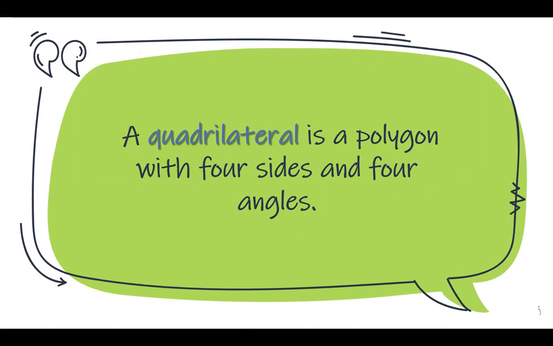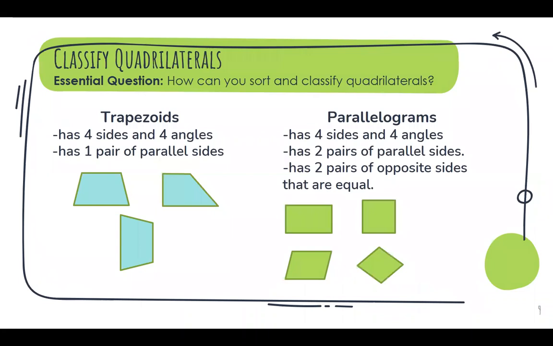Let me show you first, as part of our review, what trapezoids and parallelograms are. All 4-sided figures that only have one pair of parallel sides are what we call trapezoids. Parallelograms, on the other hand, have 2 pairs of parallel sides and 2 pairs of opposite sides that are equal in length.